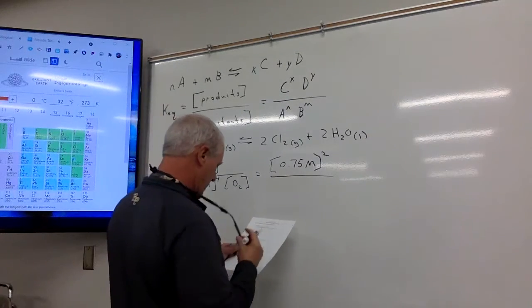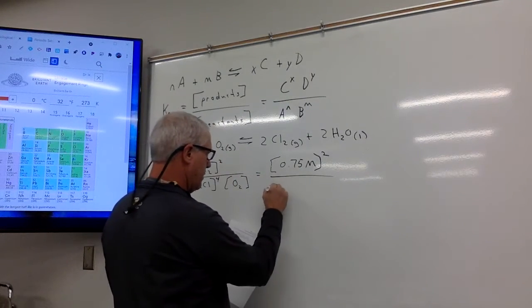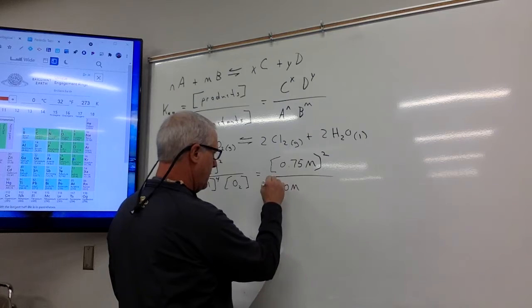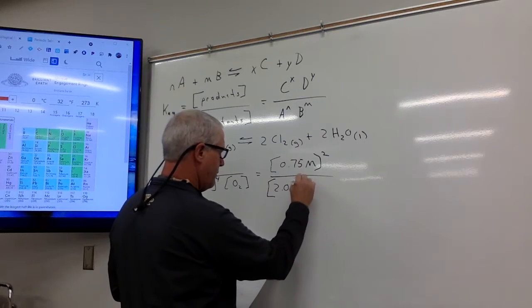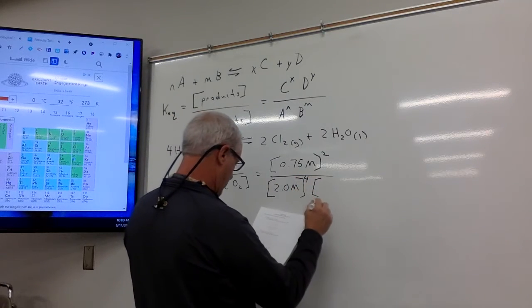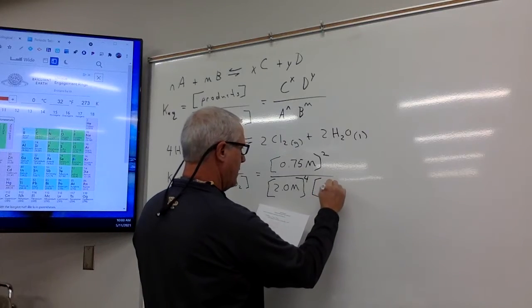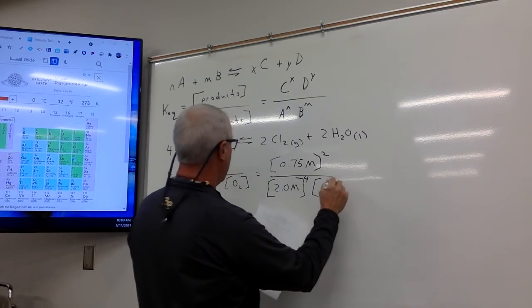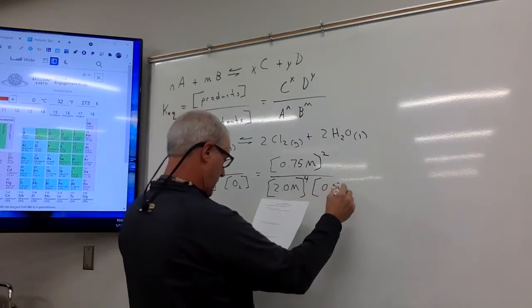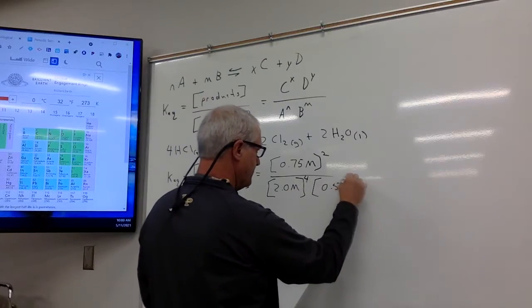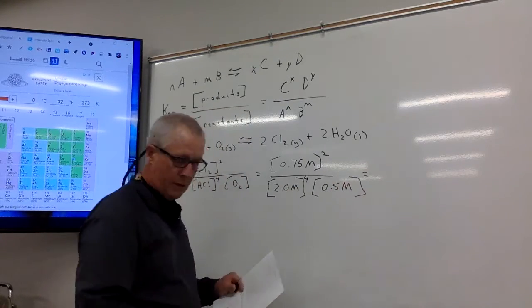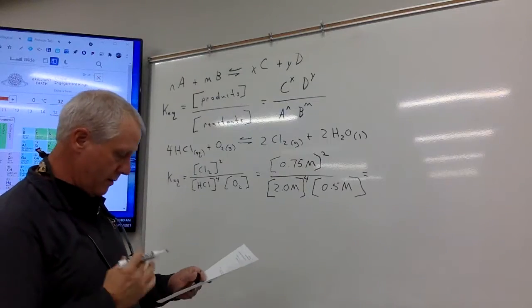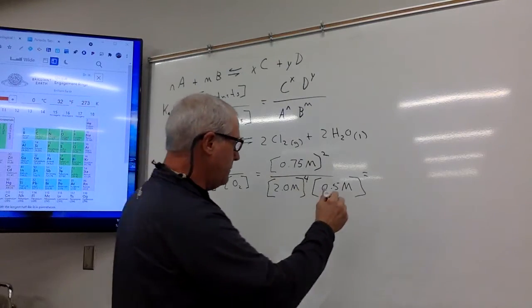Okay, so for hydrochloric acid, we had a molarity of 2, but we have an exponent of 4. And then for the oxygen, we had 0.5.